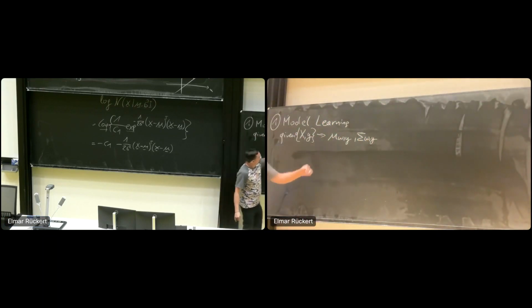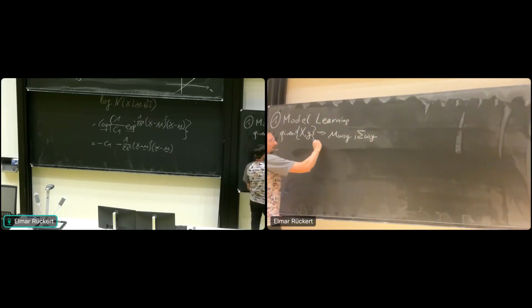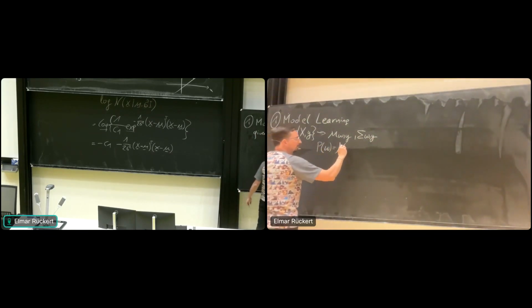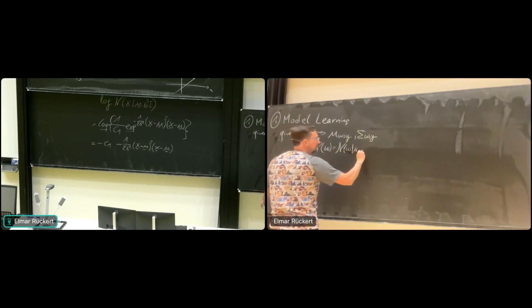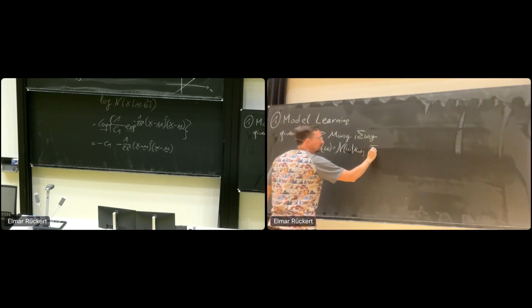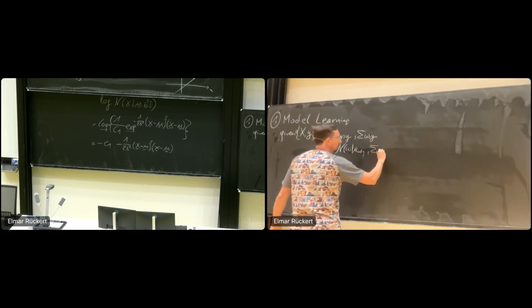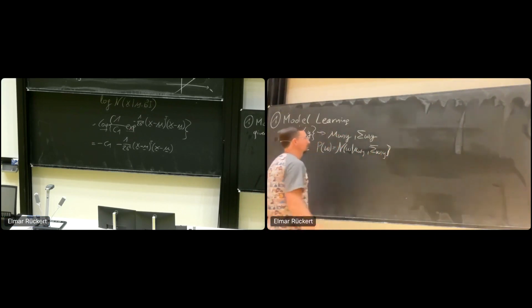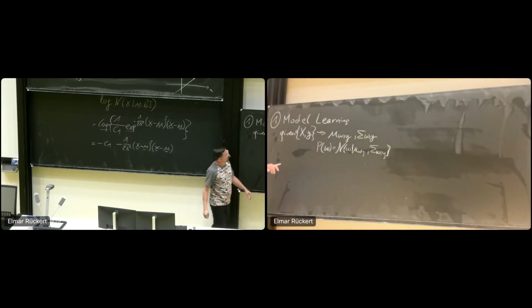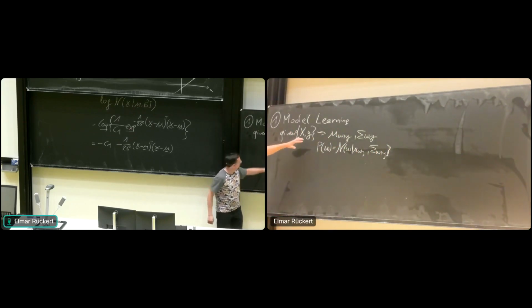These two things define our prior P of W. So this is the learned model. Model learning is done. We use the data, done.